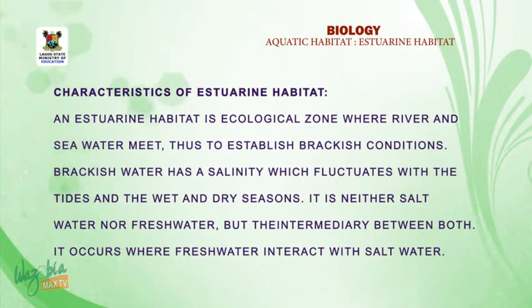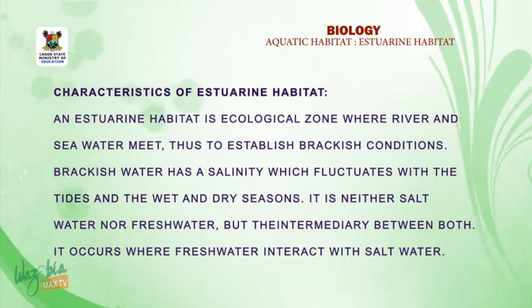An estuarine habitat is an ecological zone where river and seawater meet. A point where river water, which is fresh water, and seawater, which is salt water, meet. This establishes brackish conditions.